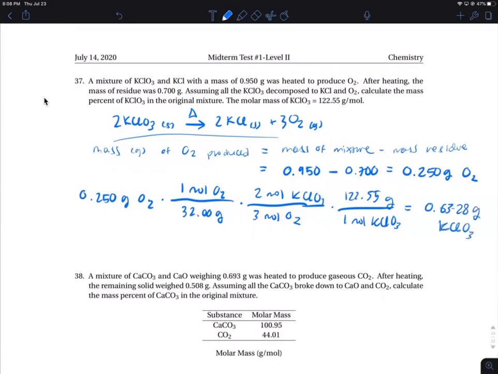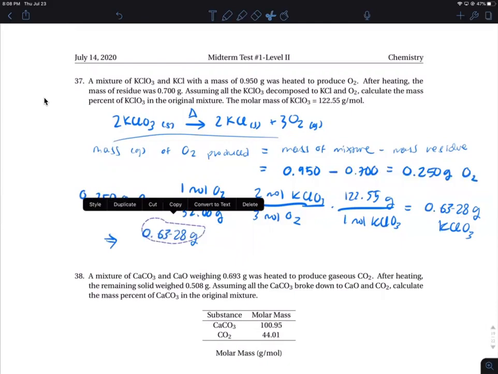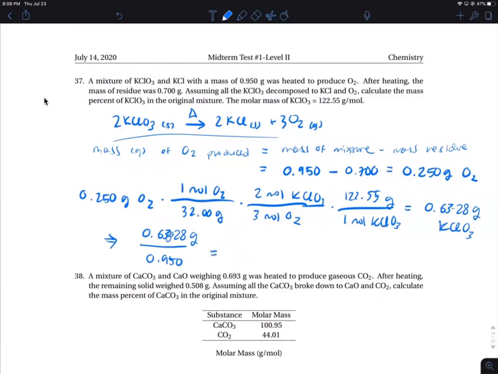All right, cool. And now we can find the mass percent just by dividing this value by the original mass of the sample, which was 0.950, and then, of course, times 100%. And that gives us 67.2% as the mass percent.